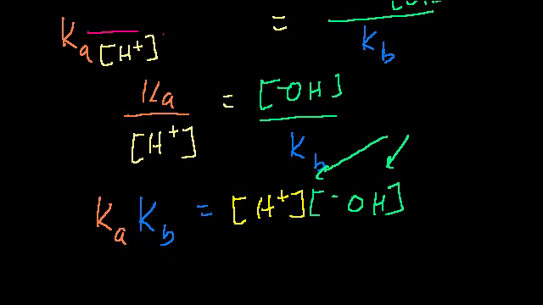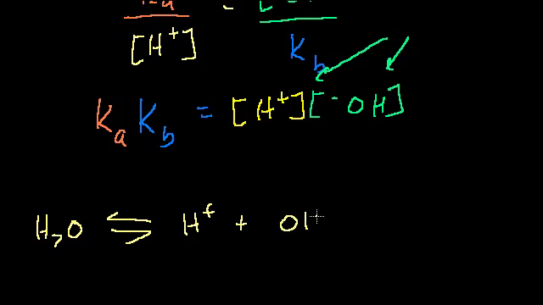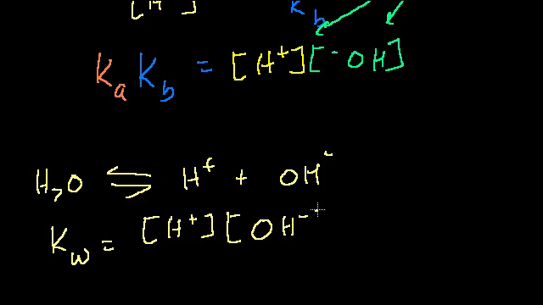Let me go review just to make sure I'm jogging your memory properly. We could have H2O, it can auto-ionize into H plus and OH minus, and this has an equilibrium, K sub W. It's equal to the product, the concentration of the hydrogen protons times the concentration of the hydroxide ions, and you don't divide by this because it's the solvent.